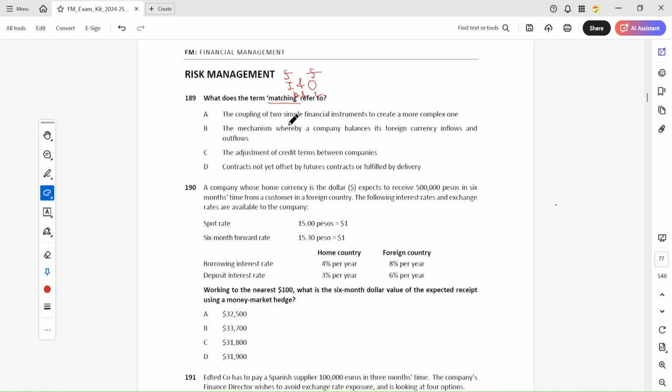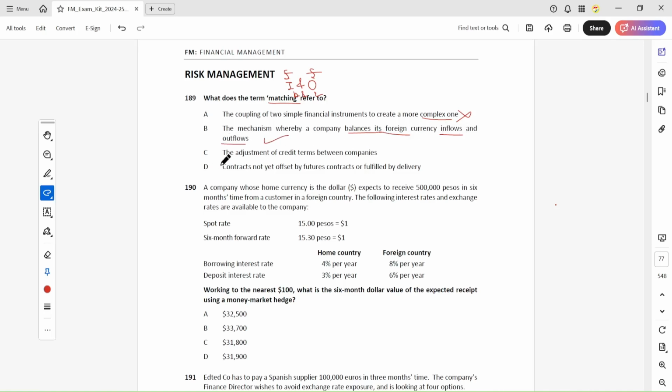Okay, so the options. Mechanism where the coupling of two simple financial instruments to create a more complex one? No. Mechanism whereby a company balances its inflow and outflow?